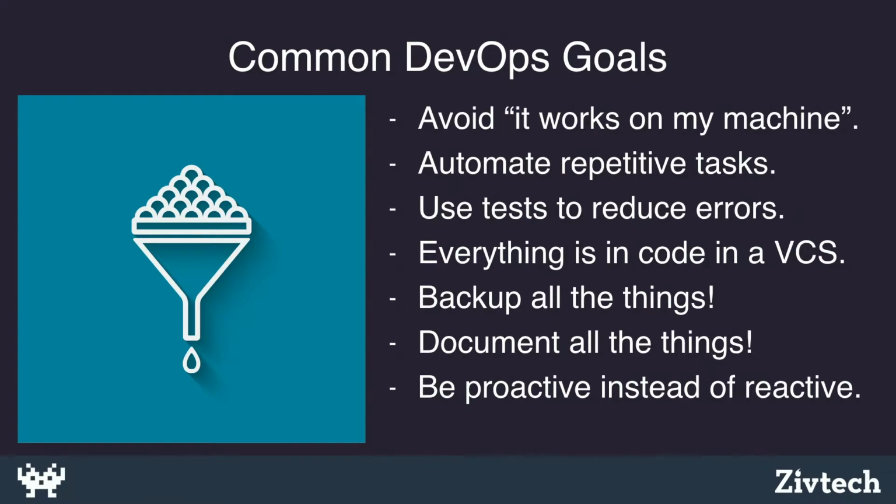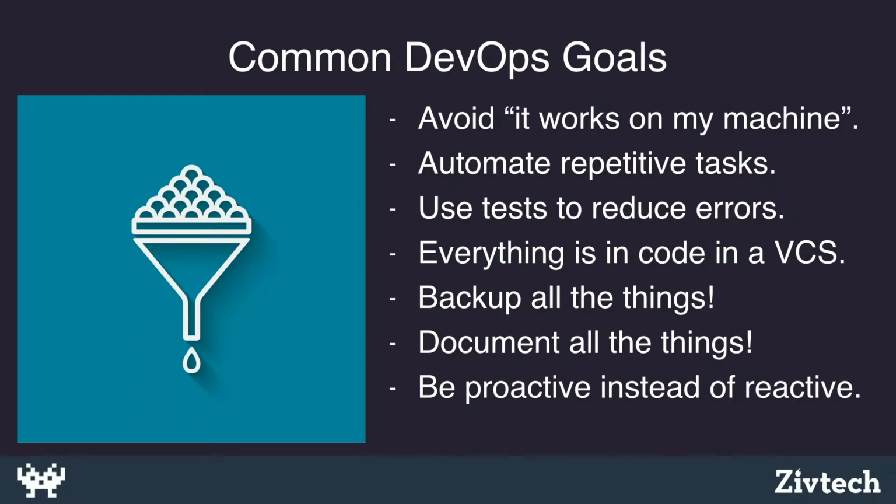So let's take a look first at some common DevOps goals that essentially we're all trying to achieve, hopefully, in this room. We want to avoid the conundrum of it works on my machine. It should work no matter whose machine it's on. So we want to standardize these tools or these environments that you're working in so that it's not a guessing game as to what this problem could be.